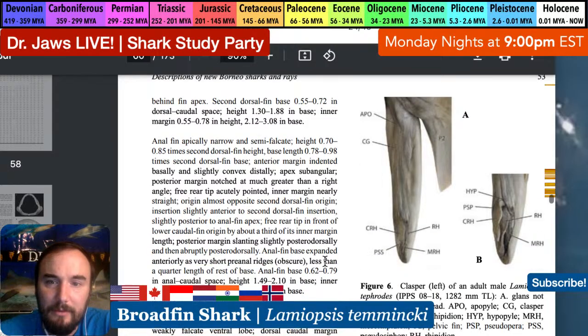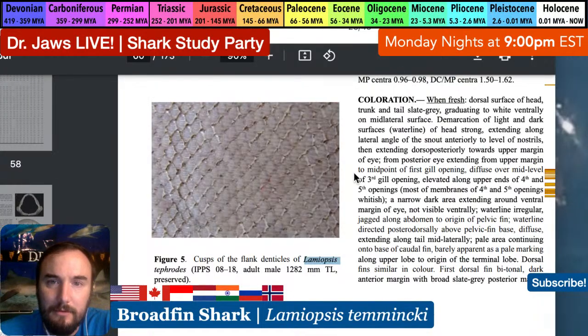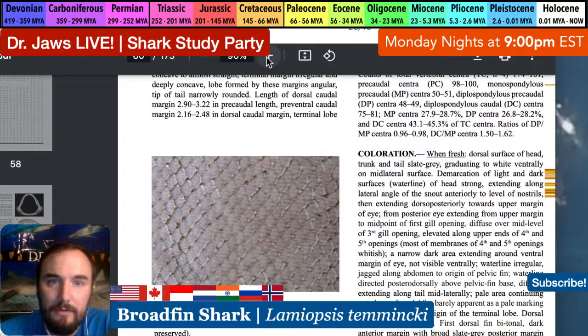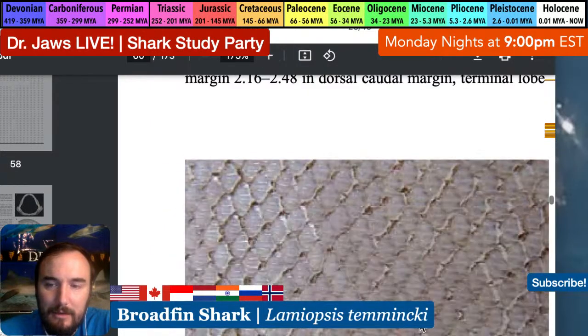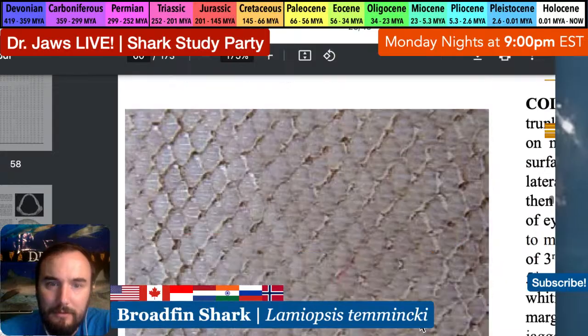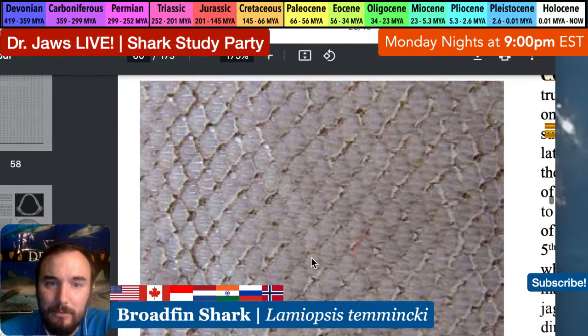Close-up view of the claspers. Really great photograph of the dermal tentacles. This is actually one of the best photographs. I mean, it's a little blurry, but it is one of the best photographs of shark dermal tentacles I've seen.